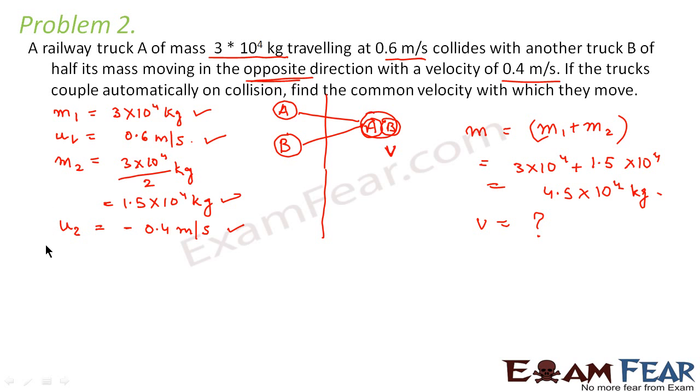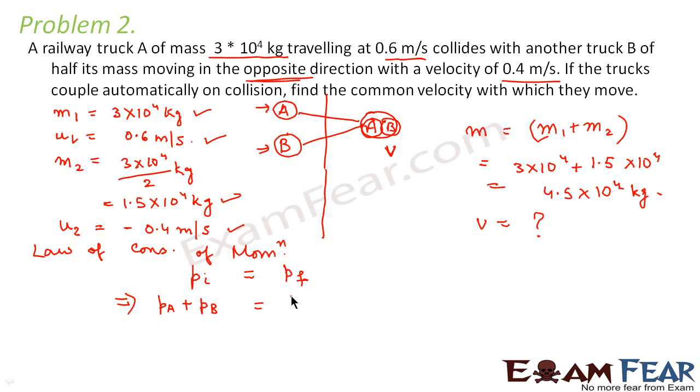Now let us apply the law of conservation of momentum. Conservation of momentum states that the total initial momentum of the system is equal to the total final momentum. So what is the total initial momentum? Initial momentum will be momentum of A plus momentum of B. This will be equal to the total final momentum of the system.